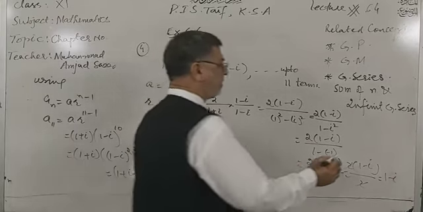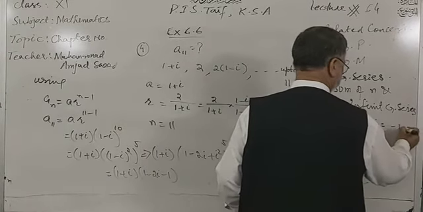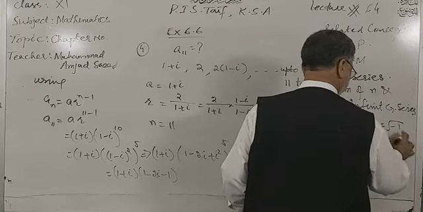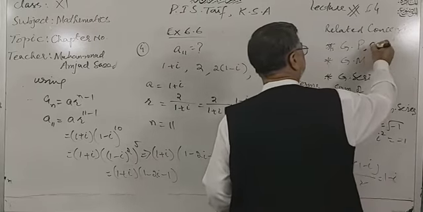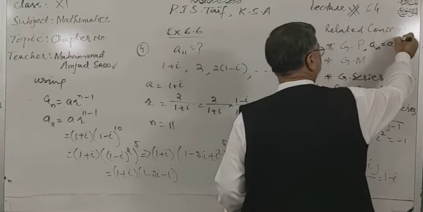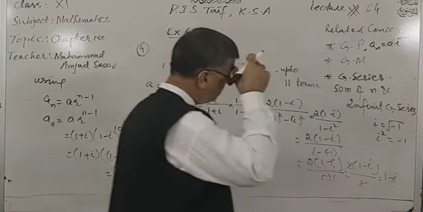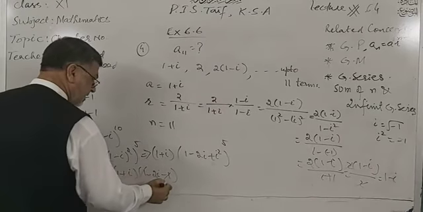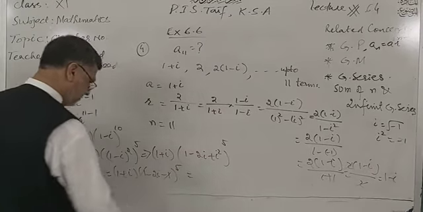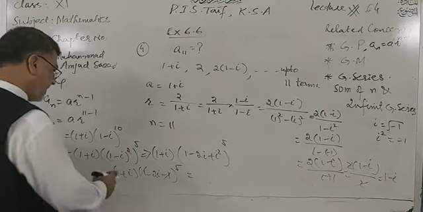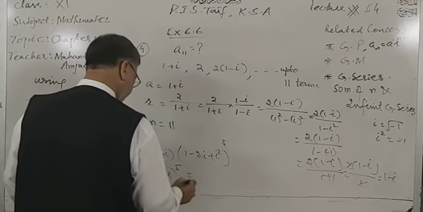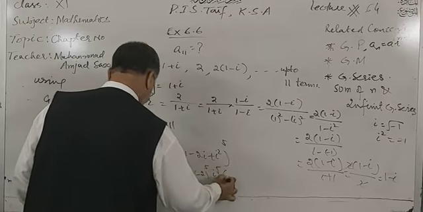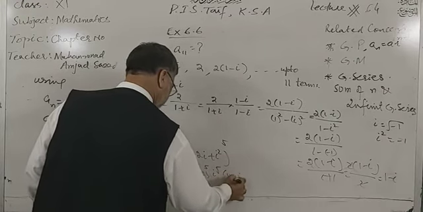You know that iota is basically the square root of minus 1 and iota square is minus 1. So we have 1 and minus 1 cancelled out and the power is 5. Dear students, we have now minus 2 power 5, iota 5 into 1 plus iota.